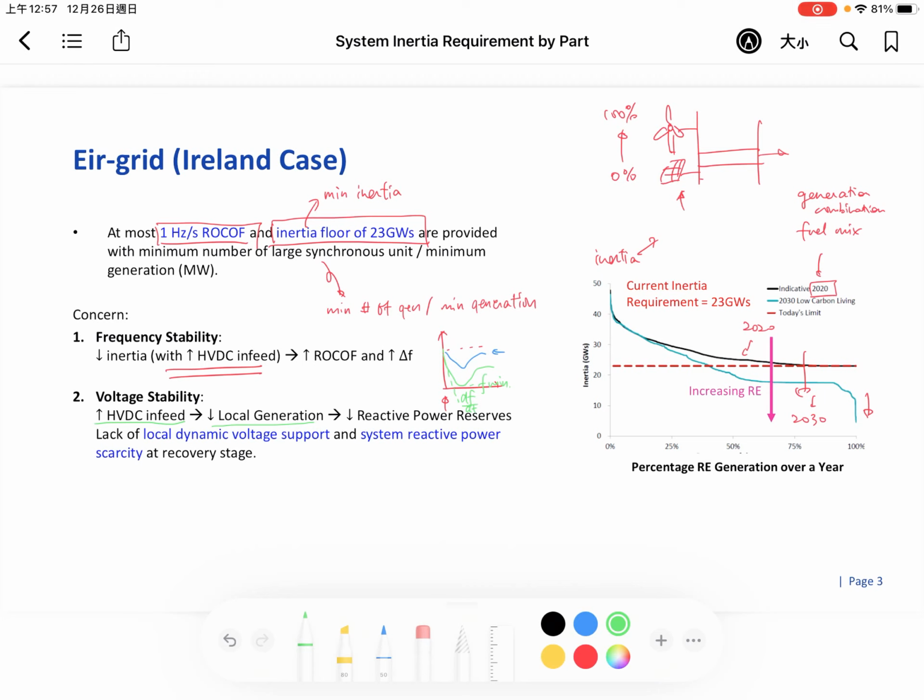The second one is that with increasingly many HVDC infeed, the local generation is reduced. It also means that the reactive power reserve, which includes the excitation of synchronous generators and also reactive power sources such as capacitors or reactors, if you consider negative power sources, will be reduced, but we talk about it mainly in terms of the excitation of generators. The local dynamic voltage support and system reactive power at the recovery stage will be reduced.